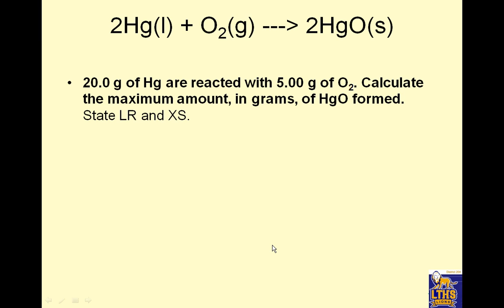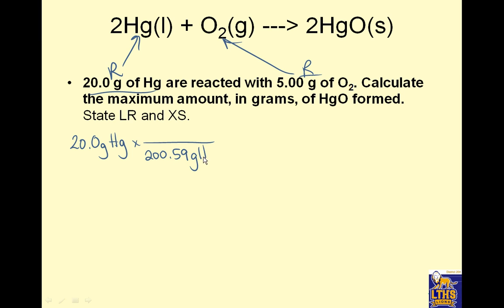So let's see it. All right, look, it's mercury and oxygen making mercury oxide. If we have 20 grams of mercury and we have 5 grams of oxygen, oh look, reactant, reactant, we're given 2 amounts of reactant. So I know I need a limiting reactant problem. So the easiest way to compare, there's several ways to do it, but one easy way is to compare how much of the reactants we have.